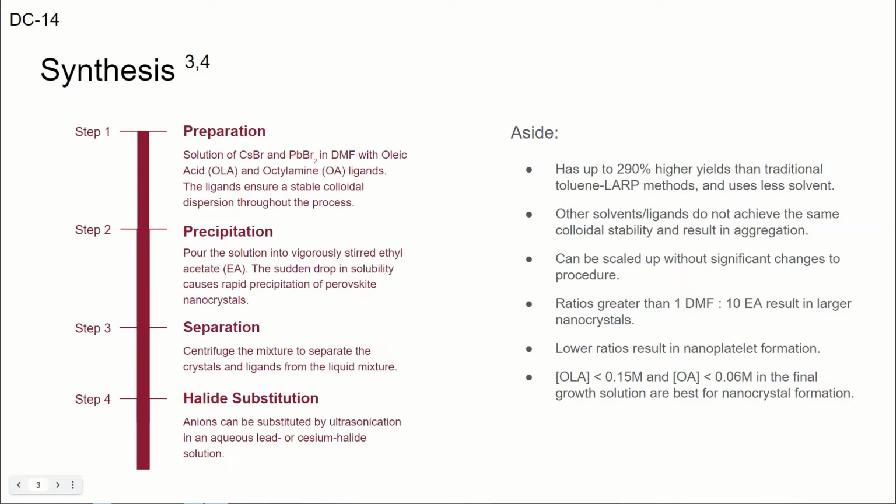This particular method seems to work better than previous methods. It afforded 290% higher yield than the traditional method that used toluene, and better stability was observed with this set and ratio of solvents and ligands. An additional advantage of this method is that it can be scaled up without significant changes to the procedure.